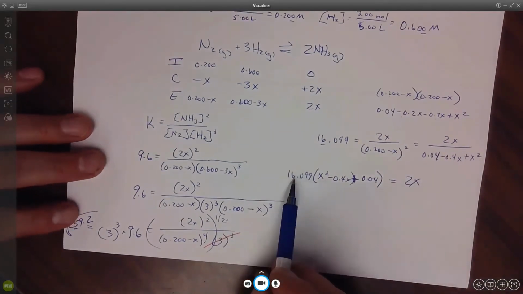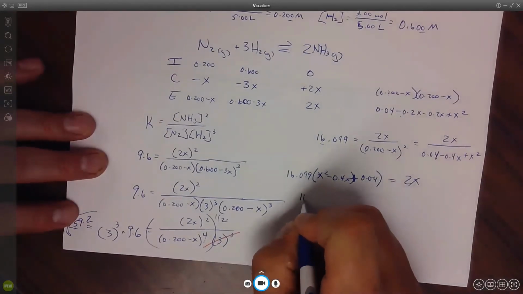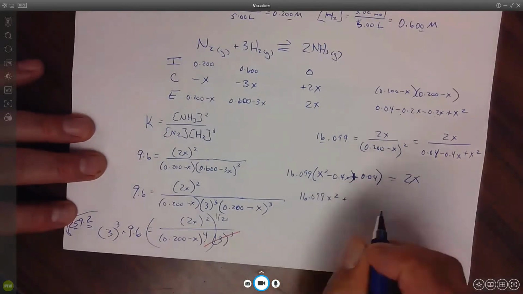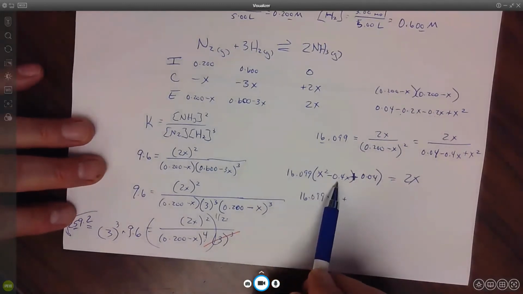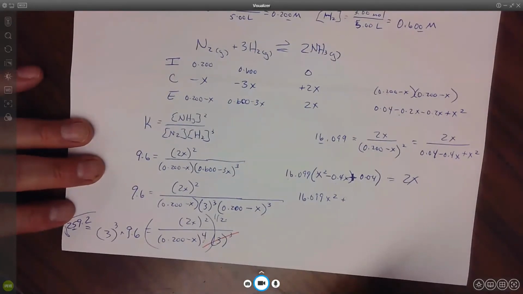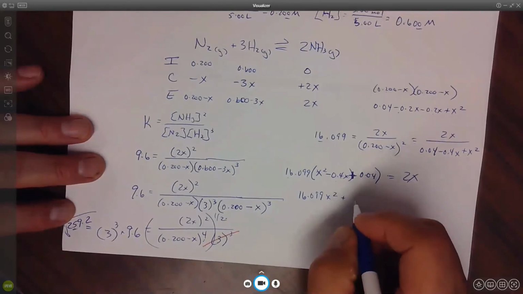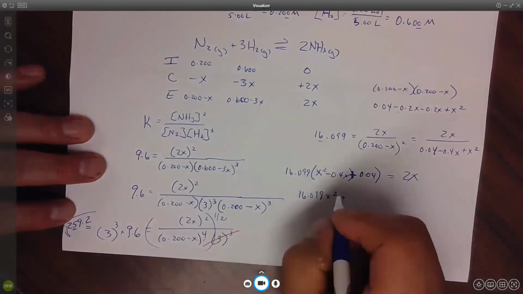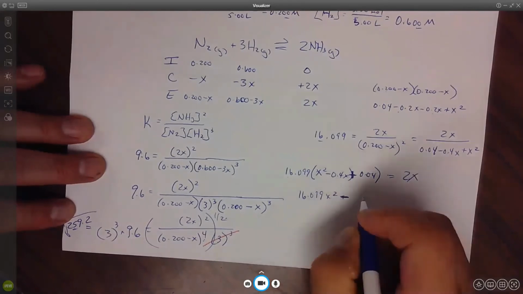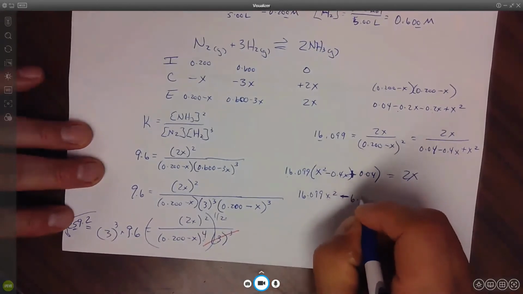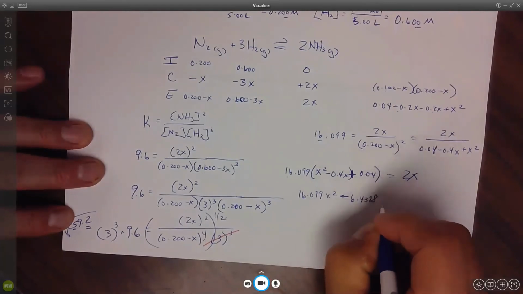I'm going to now multiply all this out. So then 16 times negative 0.4. Let's see, I get negatives. Oops, that's supposed to be negative. And that is going to be 6.4398x.